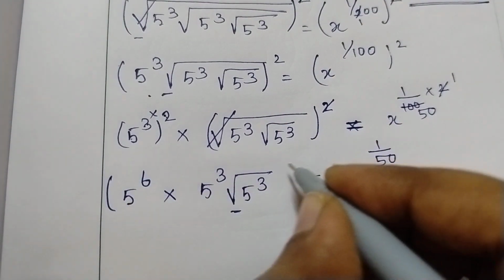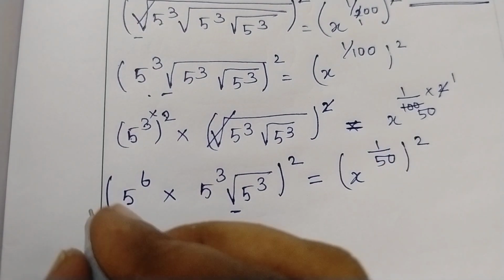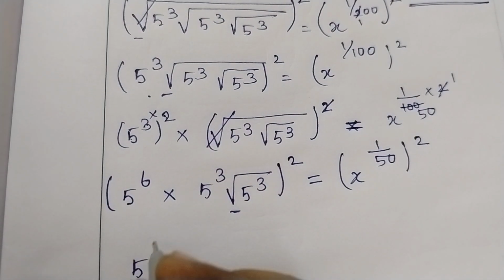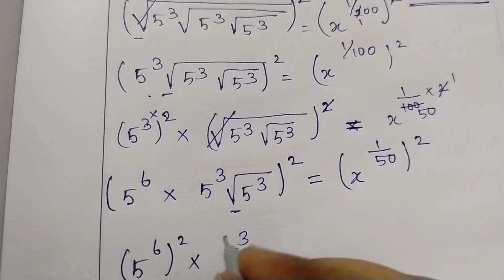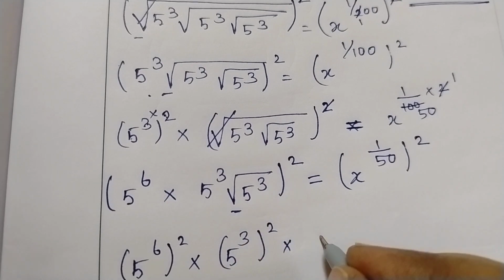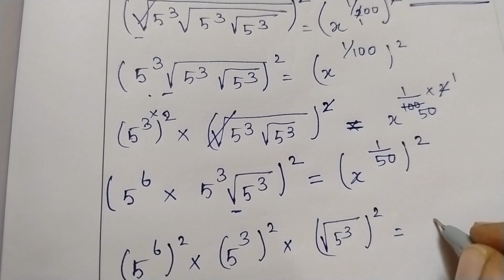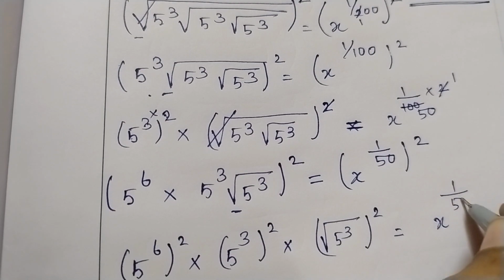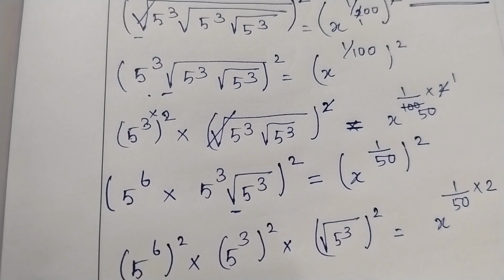So we need to take square on both sides again. So therefore this becomes 5 power 6 the whole square into 5 power 3 the whole square into root 5 cube the whole square, which is equal to x power 1 by 50 into 2 based on the a power m the whole power n rule.